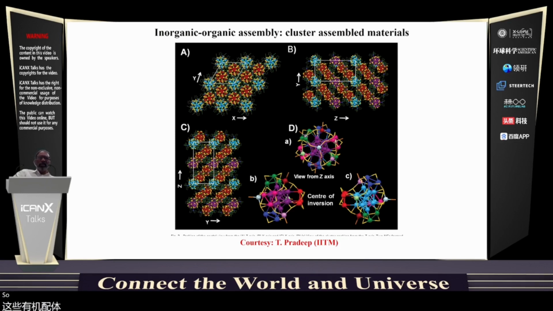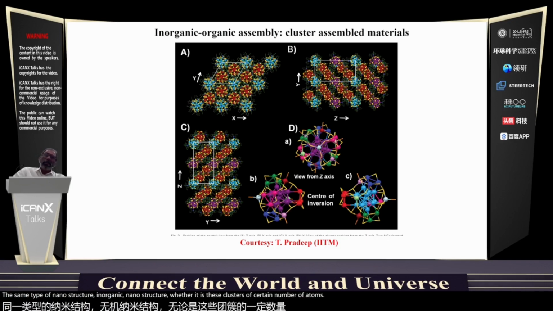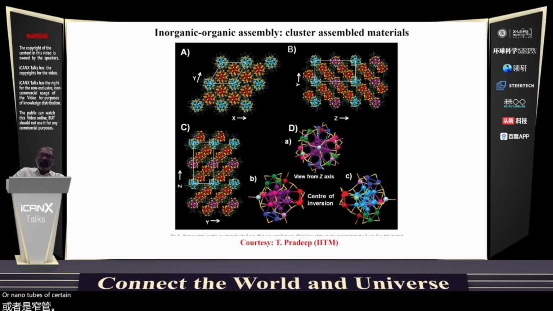So in some sense, this kind of represents the future of this assemblies that I was talking about. How do you get the same type of nanostructure, inorganic nanostructure, whether it is these clusters of certain number of atoms or nanotubes of certain chirality and dimension, and how do you assemble them on a large scale?